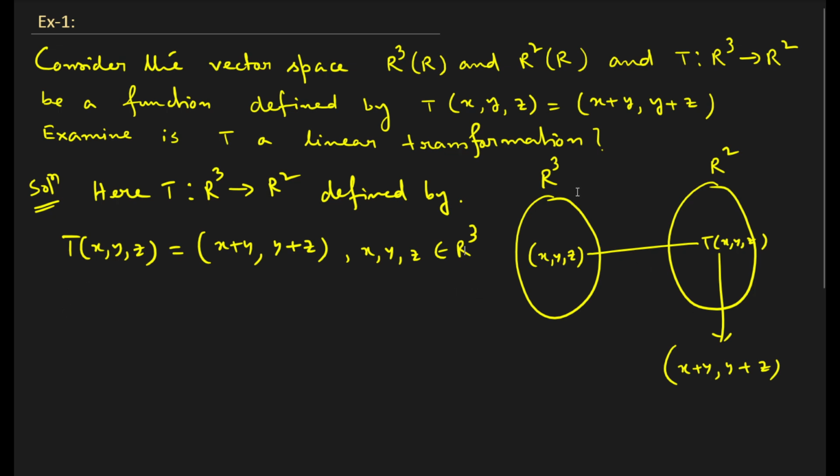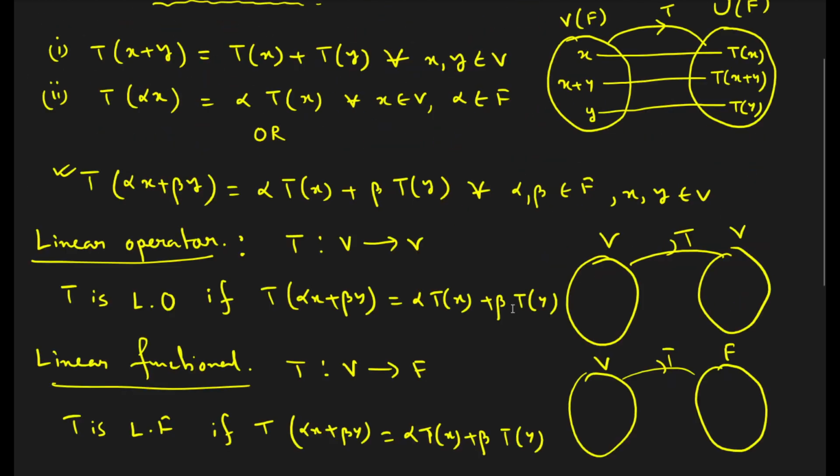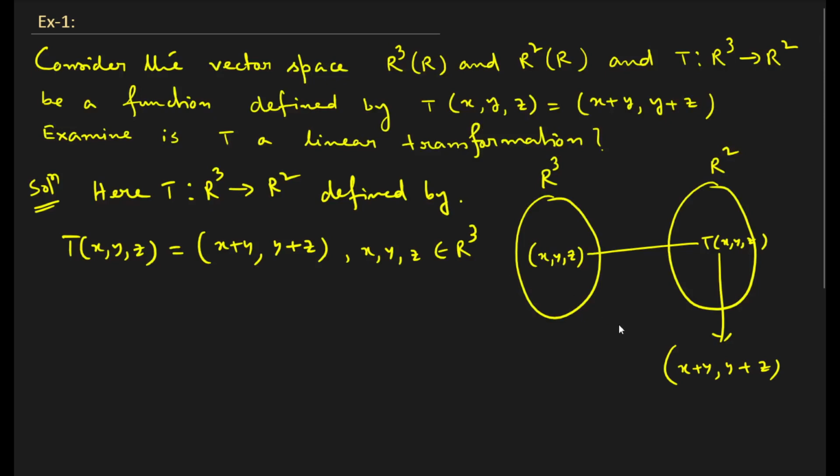To check the linear transformation, if you go to the definition again, we need two vectors and two scalars. So let us take two vectors and two scalars. We take the vectors from the domain, which is R cube, so they will be three dimensional. Let us take u equals x1, y1, z1, and v equals x2, y2, z2.